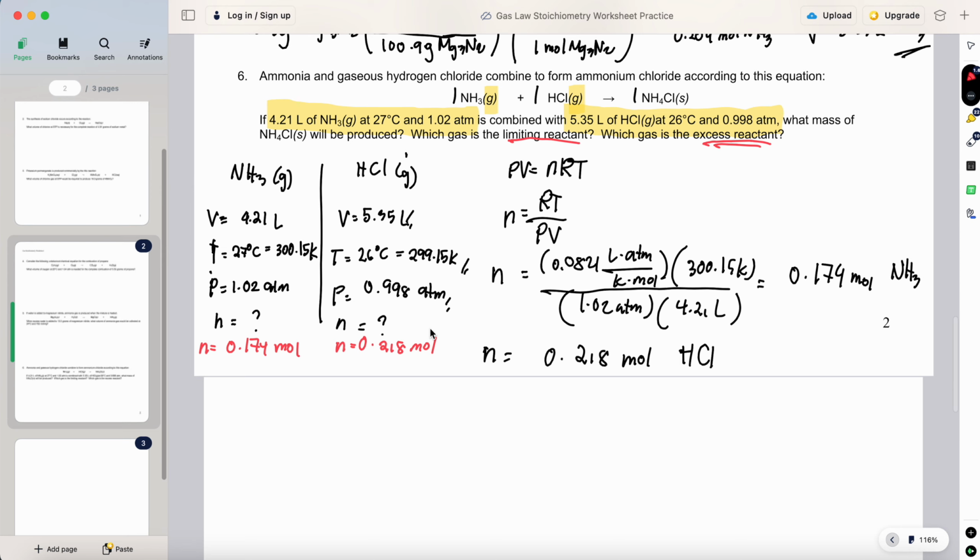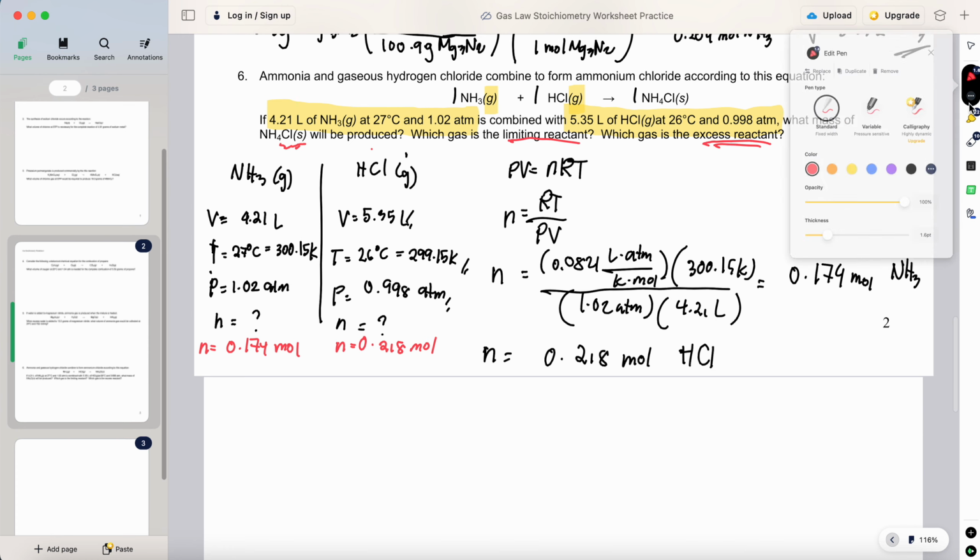Now, the question here is what mass of NH4Cl will be produced? Which gas is the limiting reactant, and which gas is the excess reactant?